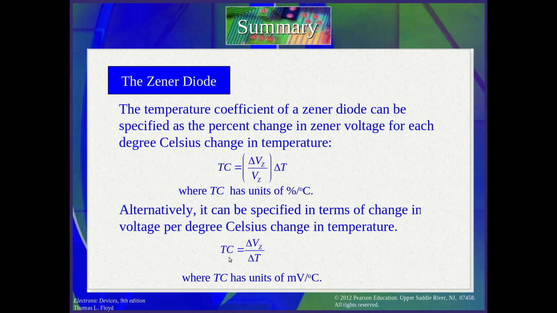This is the TC, the temperature coefficient: the change in the voltage over the change in the temperature. Or you can have the change in the voltage divided by the change in the temperature multiplied by a reference, VZ, the breakdown voltage.